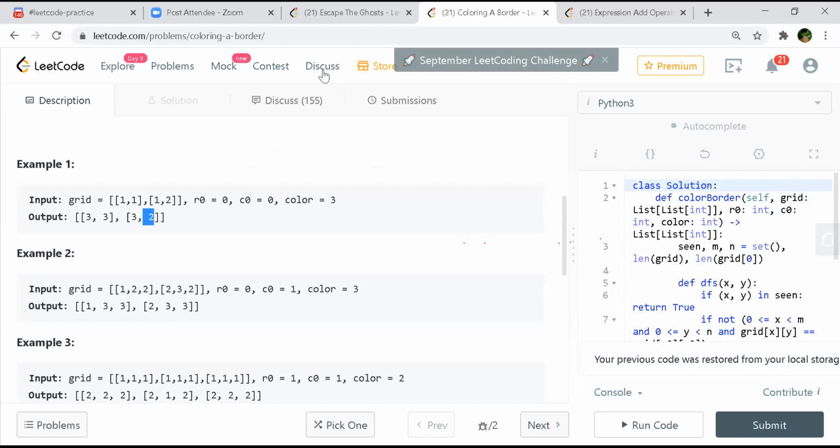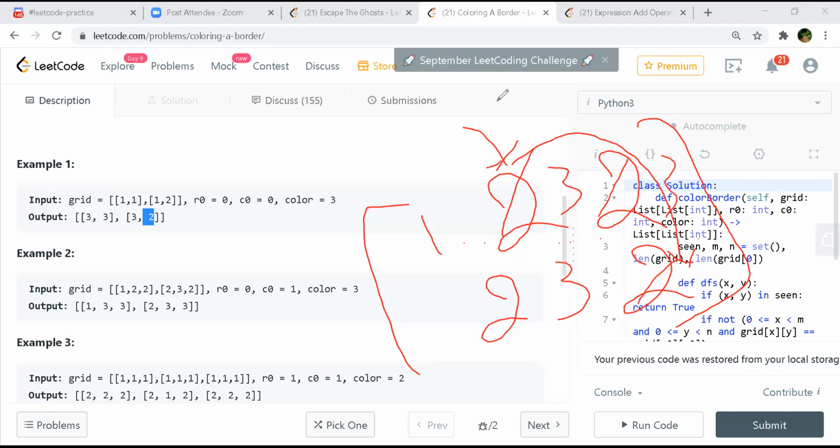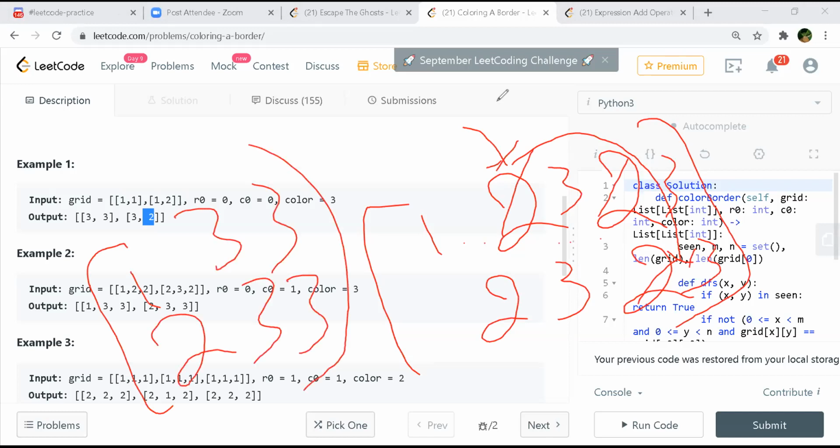So we can do it diagrammatically. These three are connected, so all of them are painted with 3, and we are done. So the final matrix will be 1 3 3 and 2 3 3.